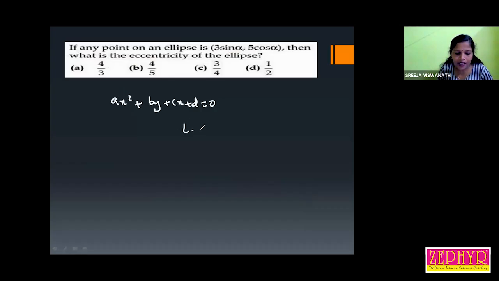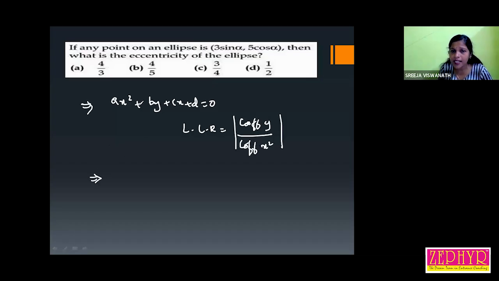Then for the length of latus rectum, there is a shortcut: modulus of the coefficient of y divided by the coefficient of x square. This is the second degree equation in x square. That means the given parabola will be in the form x square equal to 4ay.